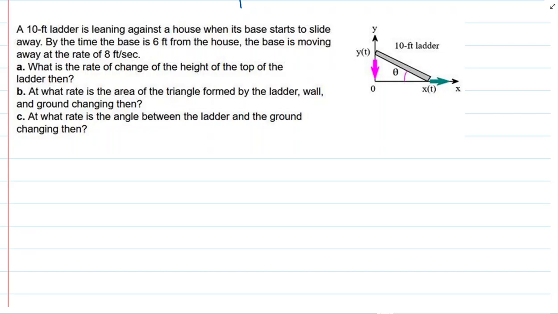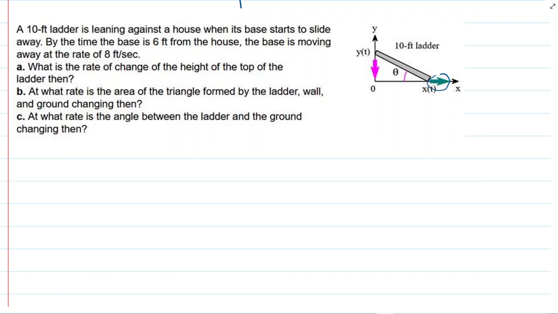All right. We have a 10-foot ladder and it's leaning against a house when its base starts to slide away. So they've got an arrow right there. It's moving this direction. So is it negative or positive? Positive. The change is positive. And we have to identify what is happening for application.